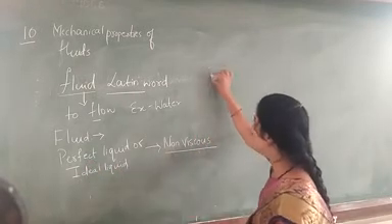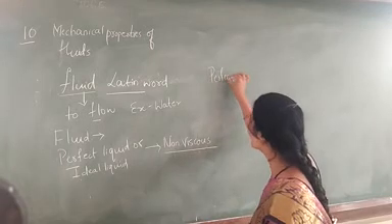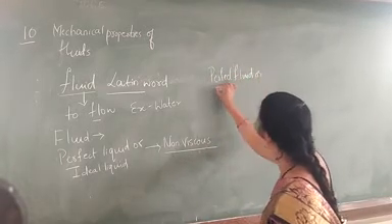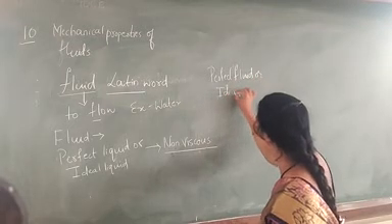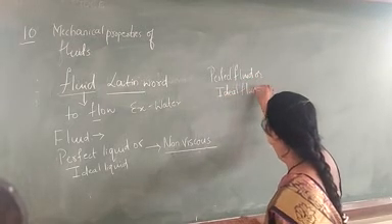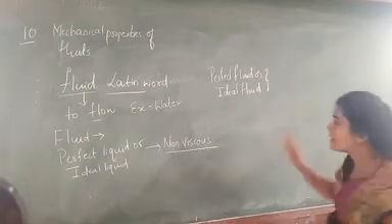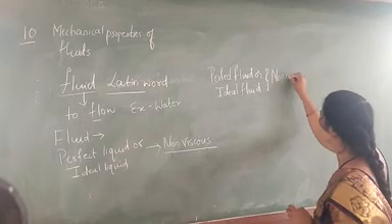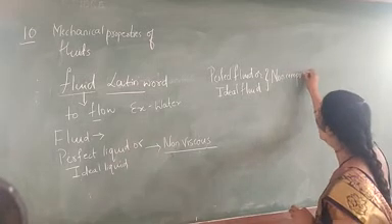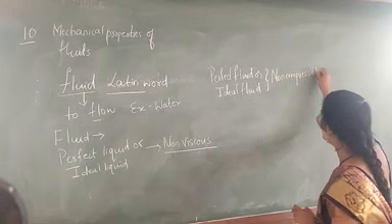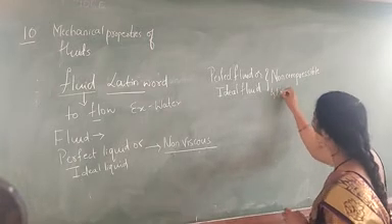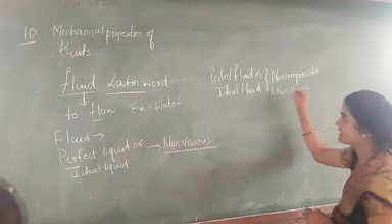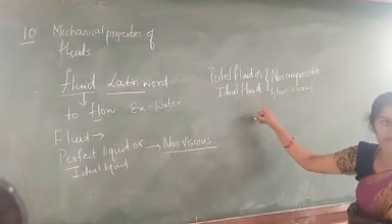Now again one more is there, perfect fluid or ideal fluid. Here we are considering the fluid should be non-compressible and non-viscous. Then we can tell it is a perfect fluid or the ideal fluid.